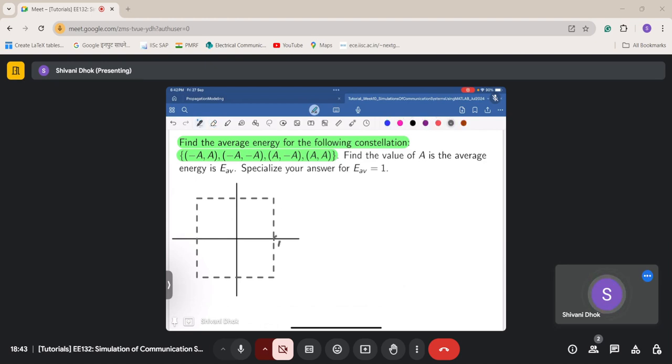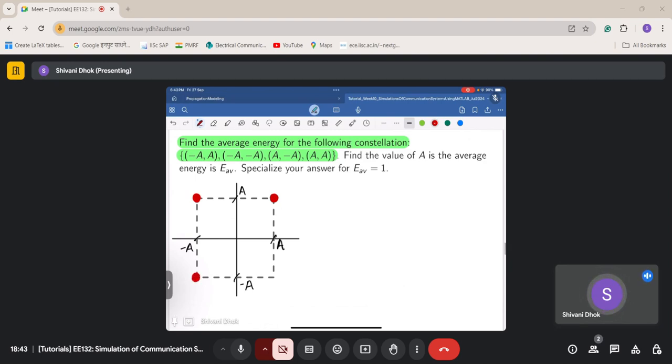So this point is A. This is minus A. This is A. This is again minus A. And the 4 constellation points are here, here, here, and here.